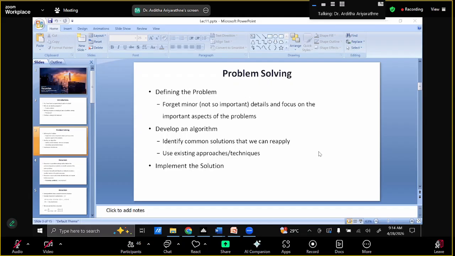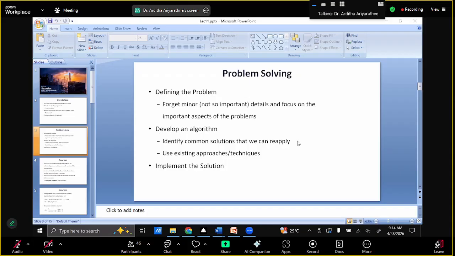But today the new word comes. We are preparing a solution, but here, common solutions that we can reapply. In the initial part, students, we didn't do anything called reapply.